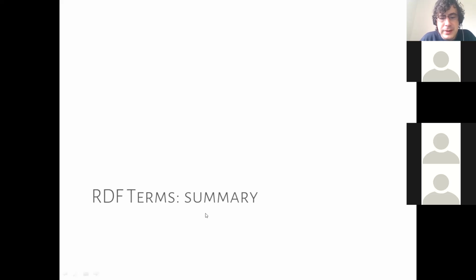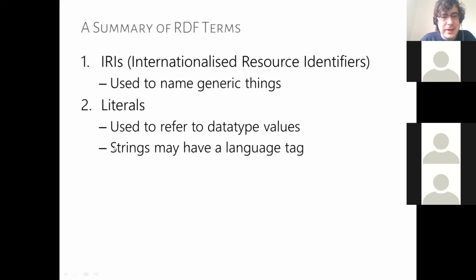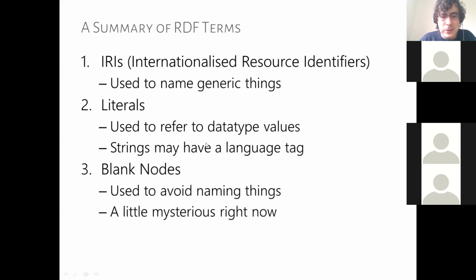But for now, leaving them a little bit mysterious, if we summarize the RDF terms, we have IRIs, which we can use to name generic things, not just documents or web pages, but also cities and countries and events and so forth. Literals, which are used to identify data type values, or optionally strings in different languages.